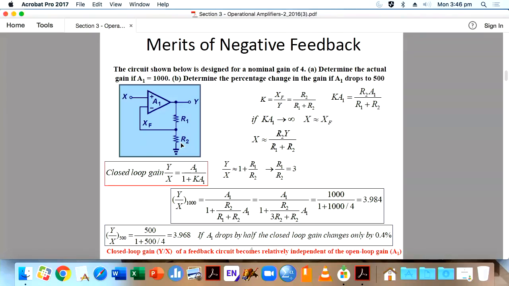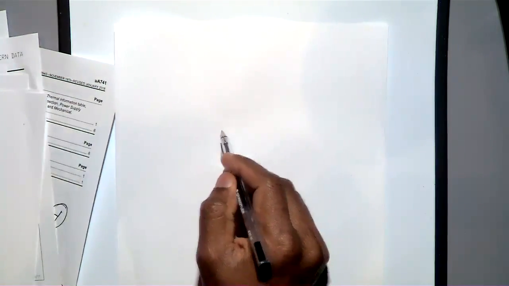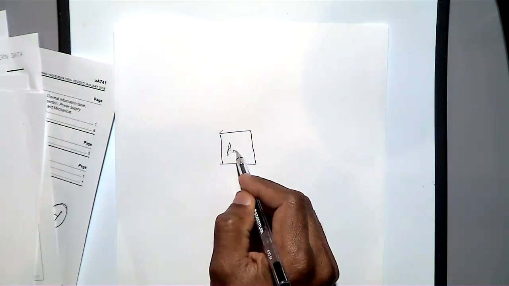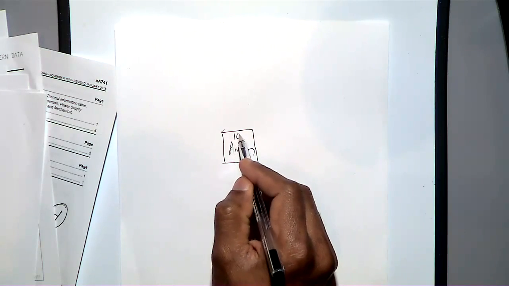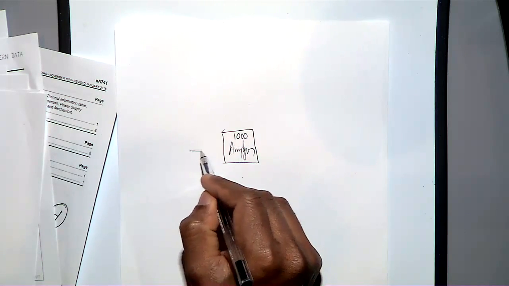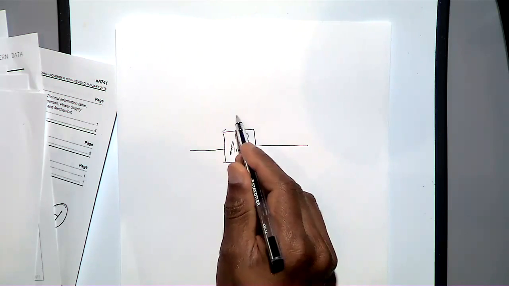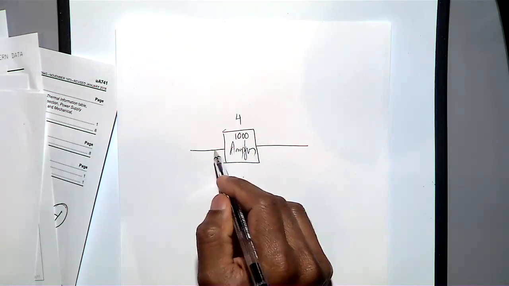Let me explain the question in another way. With gain desensitization, if you have negative feedback, the advantage is gain desensitization. So you made an amplifier, and in the first case your open loop gain is equal to 1000. You use negative feedback, and you are getting 4 times amplification with the feedback.